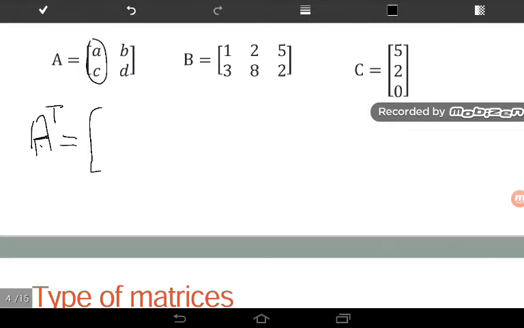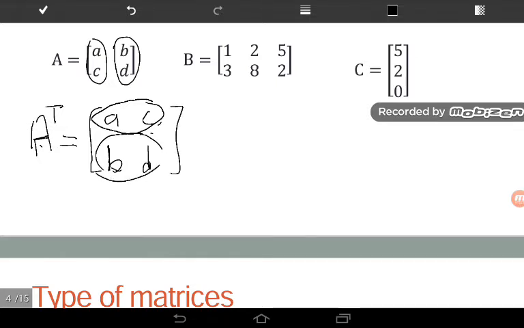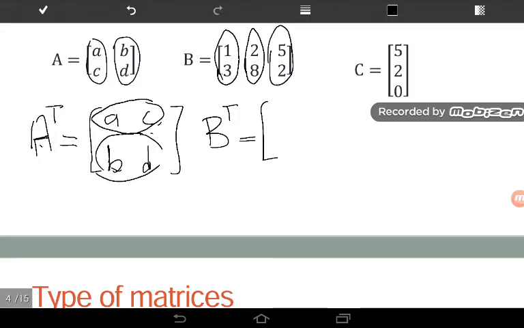The columns will become rows: A, C, and then B, D. Matrix B transpose is equal to this, where columns become rows: 1, 2, 8, 5, 2.